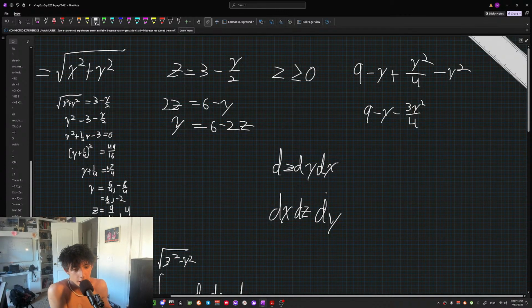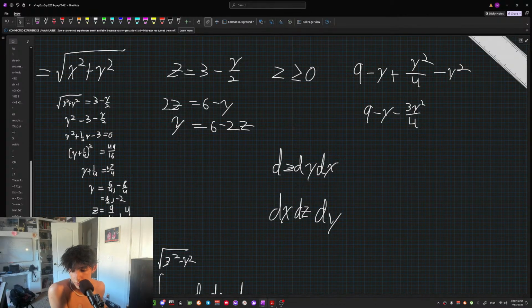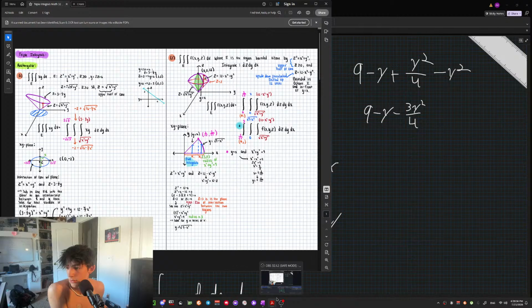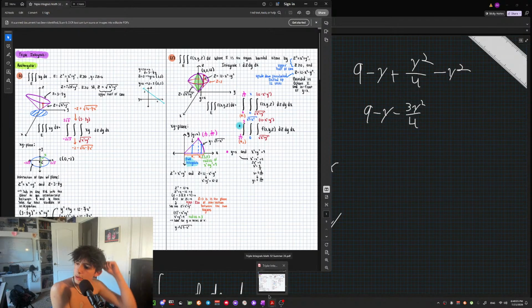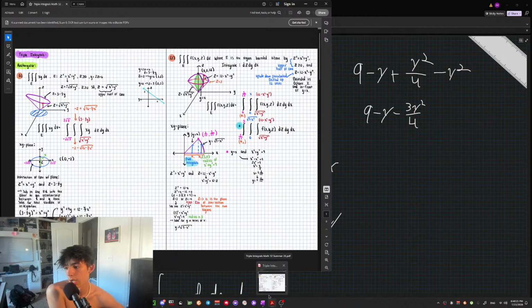That's gotta equal x. What the hell? How? Why? I don't get it. I actually do not get it. How is y bounded? Yeah, y equals 6, z equals 0.